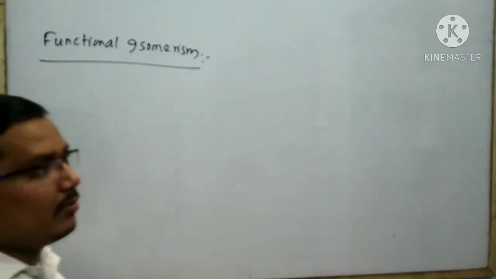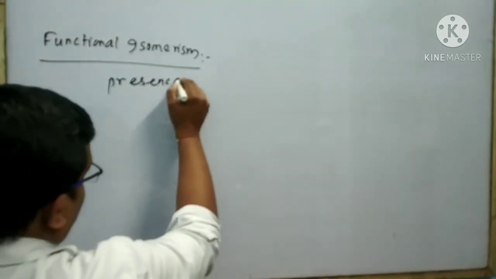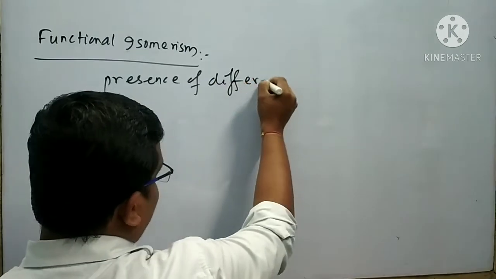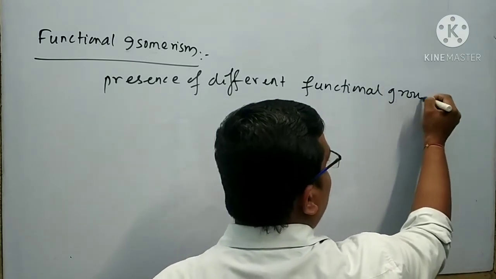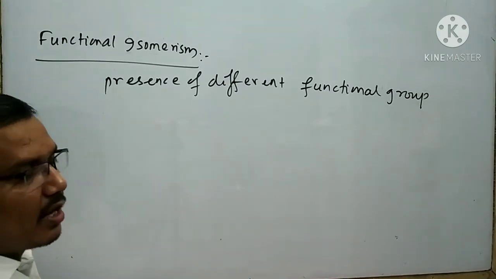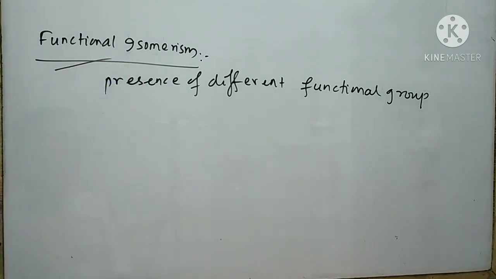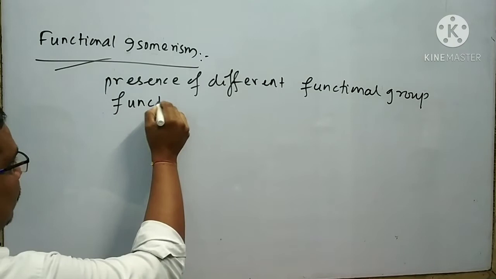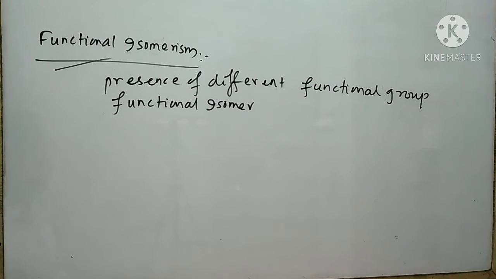The isomerism that arises due to the presence of different functional groups is called functional isomerism, and the compounds exhibiting functional isomerism are called functional isomers. Let me explain some examples related to functional isomerism.